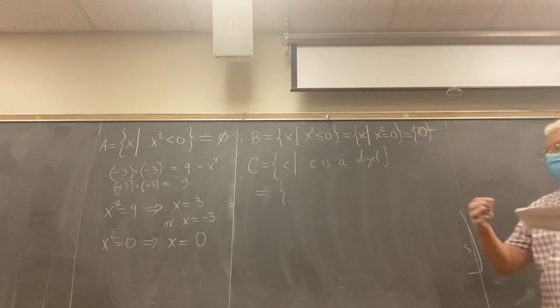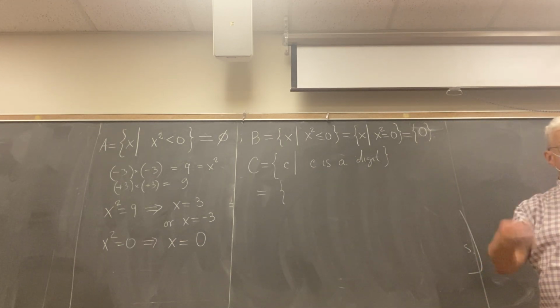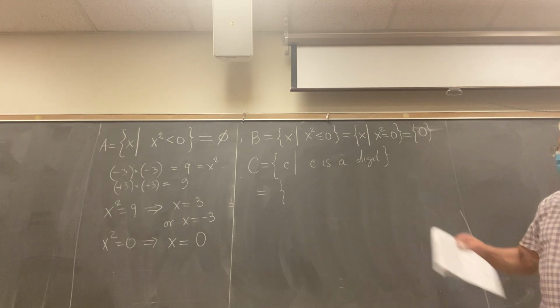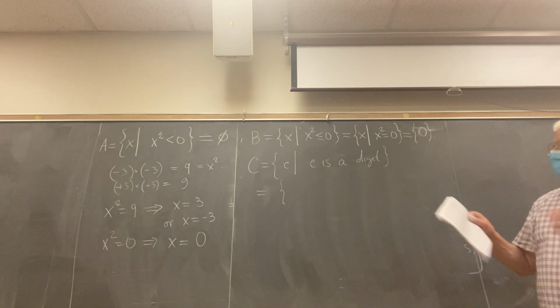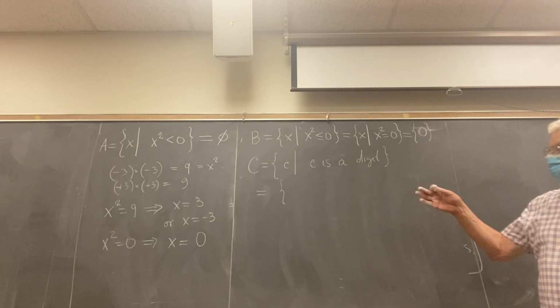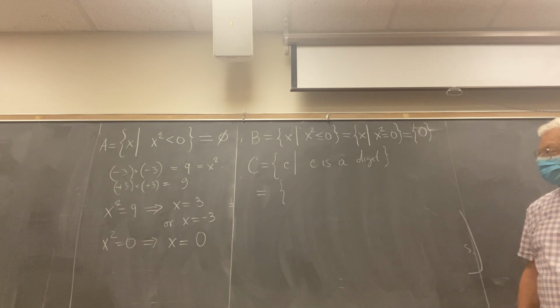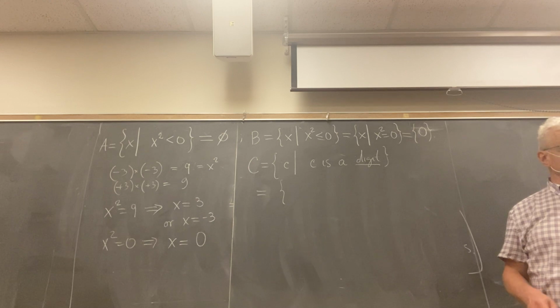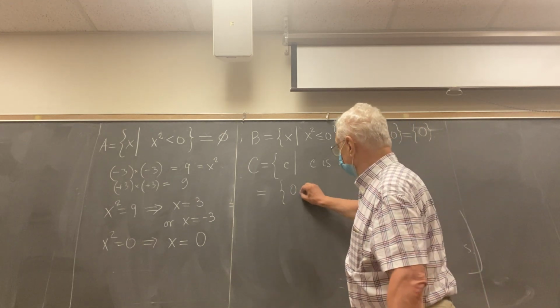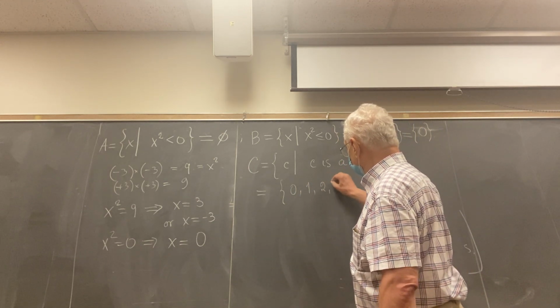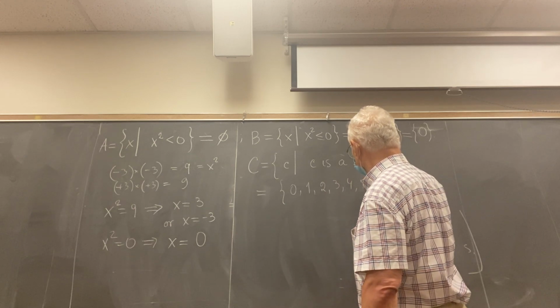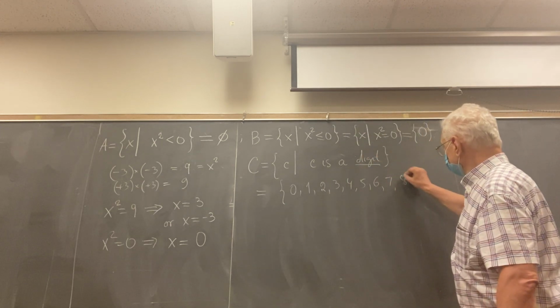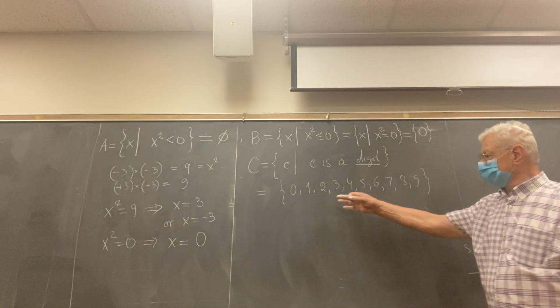You have to convert that sentence into a descriptive one, writing out the elements. So what digit could it be? Could be 0, could be 1, could be 2, 3, 4, 5, 6, 7, 8, and 9. This is by definition a digit.